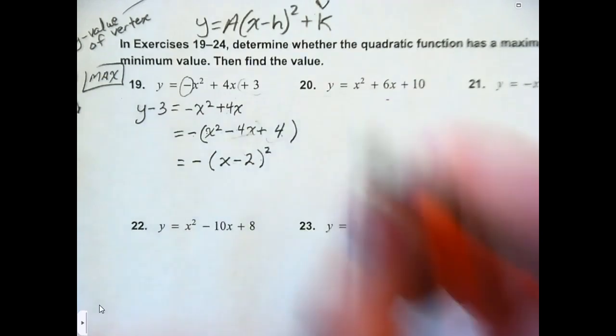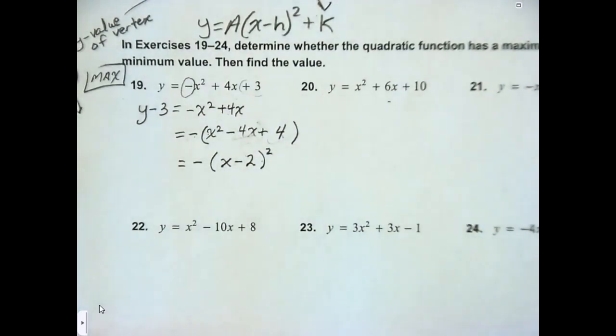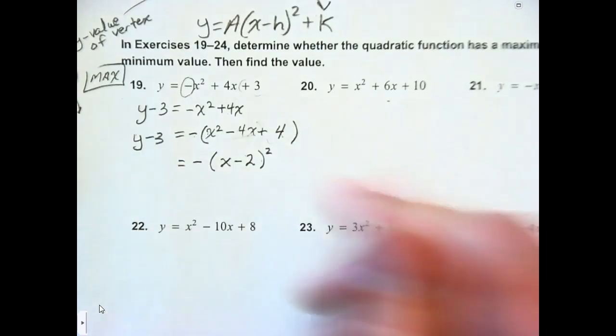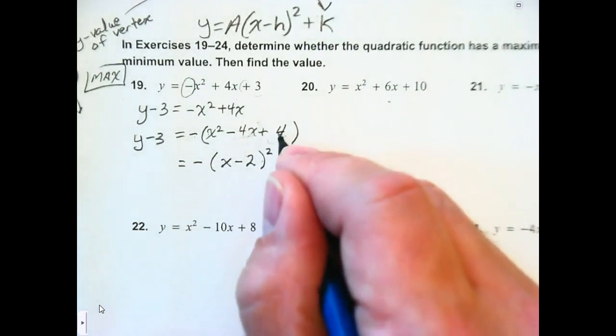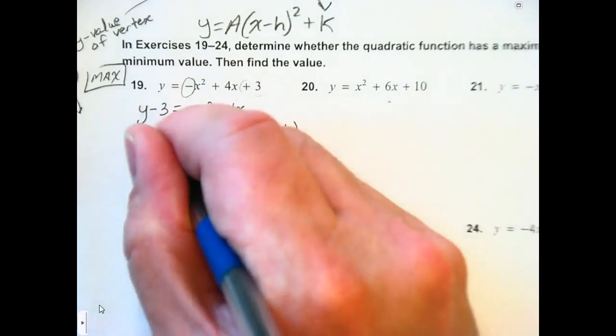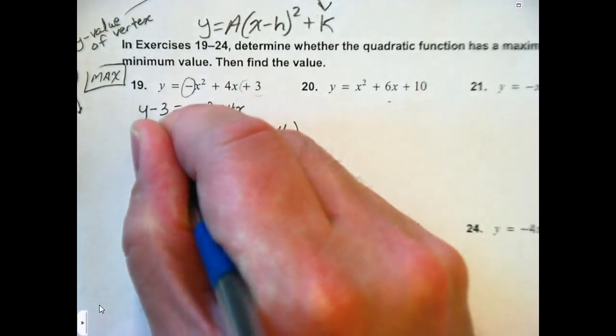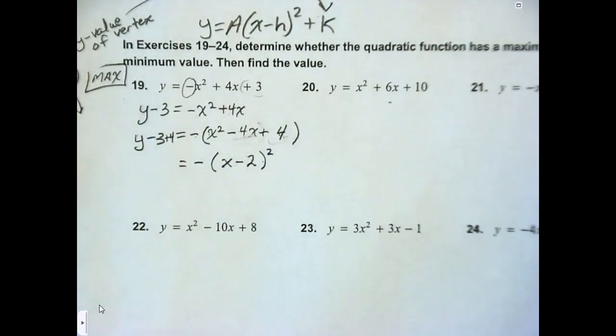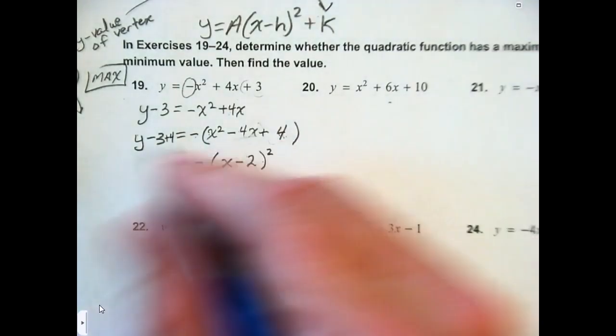Okay? Now, everyone with me still? Over here I just kind of have like this holding ground. I have a y minus 3, but I added 4, right? So I have to add 4. Whatever I do here, I have to do here. So make a note to yourself.